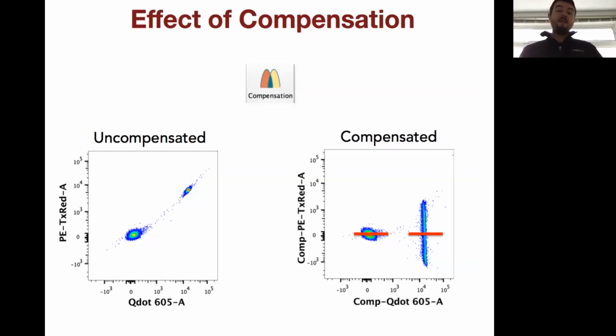Now, compensation is an approximation, so you'll virtually never get perfect compensation outside of a 3-color experiment. That is 3 colors or more, you basically cannot get perfect compensation, but that is okay.